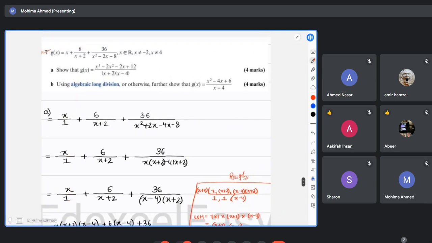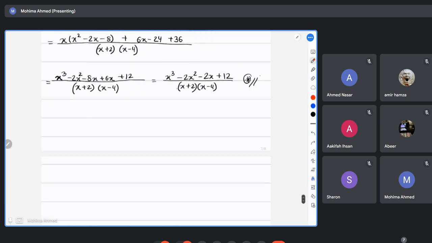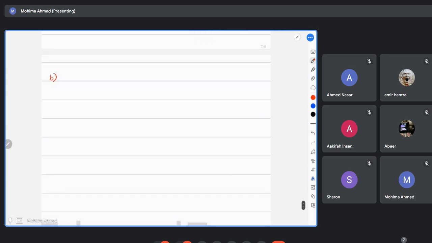Use algebraic long division or otherwise to find out the other factors. So we have x squared minus 4x plus 6 divided by x minus 4. Now let me see if I can do the middle term method over here.